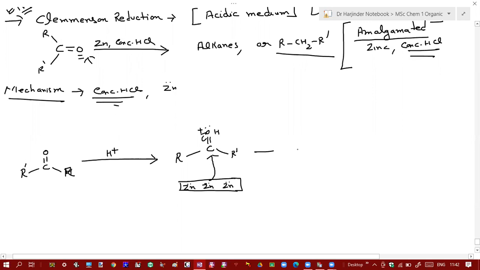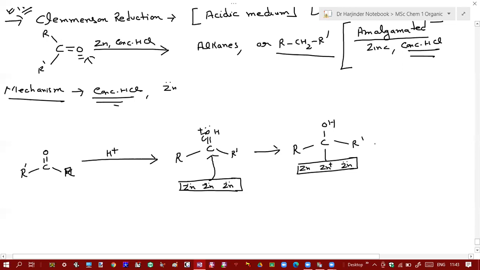When any reduction reaction takes place, at the same time oxidation also takes place. These are kind of redox reactions, both happening side by side. So this will become OH R prime. Now it is combined with the zinc metal, and here it will become positive since it has given the electrons.